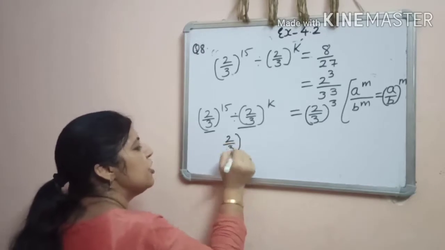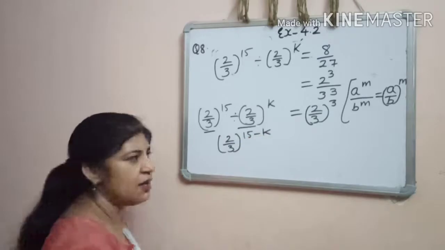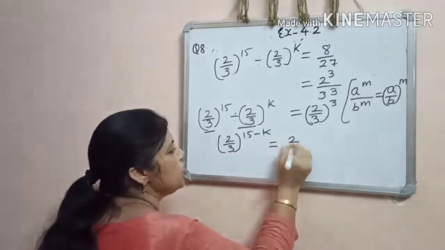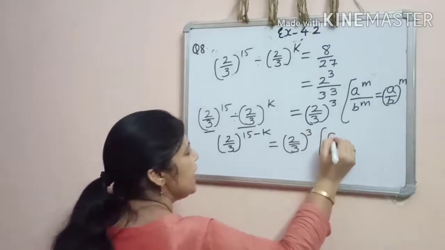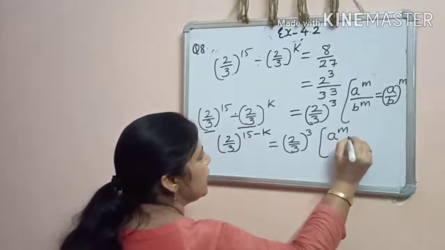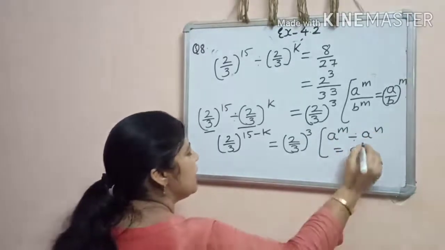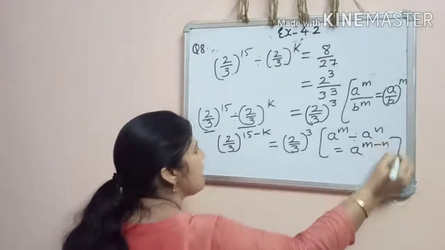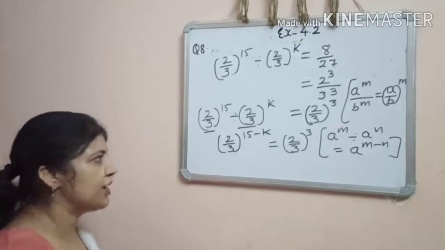Means 2 by 3 raised to the power 15 minus k, and that will be equal to 2 by 3 raised to the power 3. Now here we have used which law? A raised to the power m divided by a raised to the power n. You will get a raised to the power m minus n. This power will be subtracted.